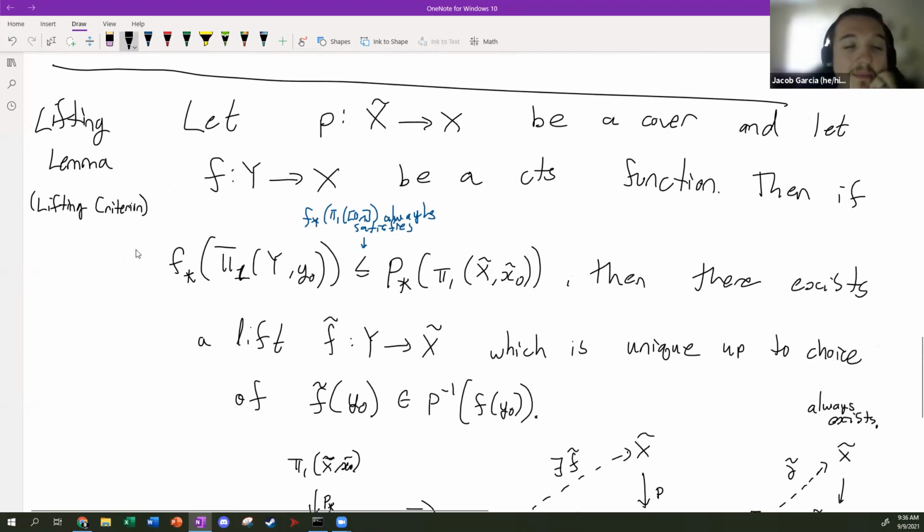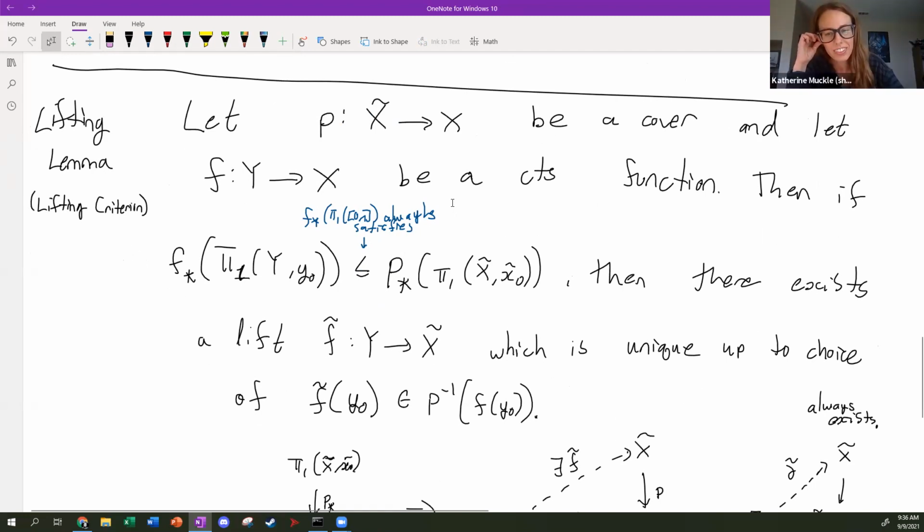I might have written a slightly better version here, a base point dependent one, so that it could be unique up to base point, because I used pointed maps for P and F. But this is the lifting criterion or the lifting lemma for covers.